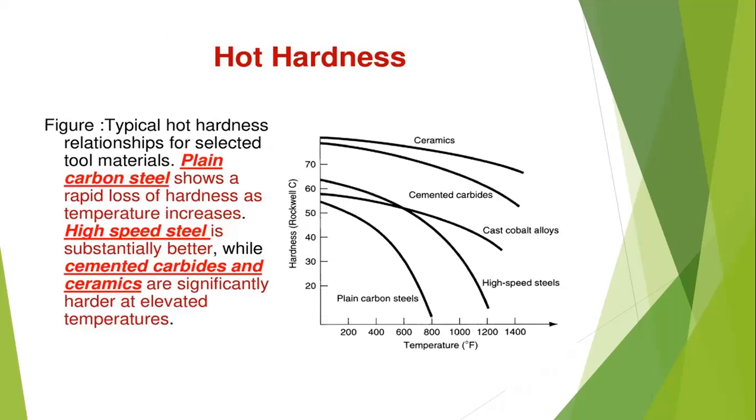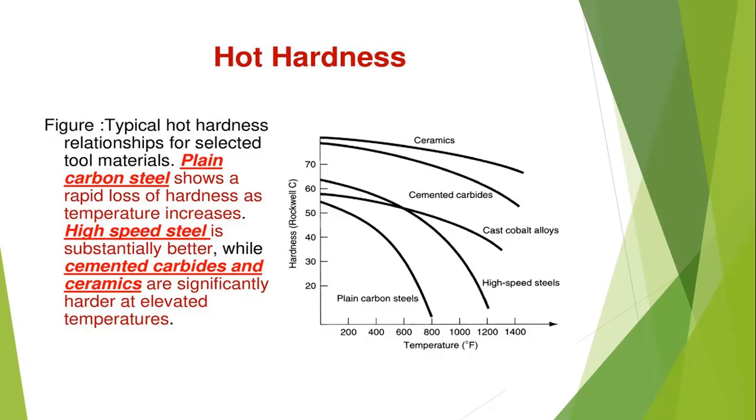There is a curve that shows hardness versus temperature. Typical hot hardness relationship for selected tool materials: plain carbon steel shows a rapid loss of hardness as temperature increases. High speed steel is substantially better, while cemented carbides are significantly harder at elevated temperature.